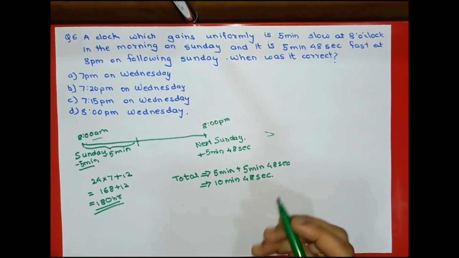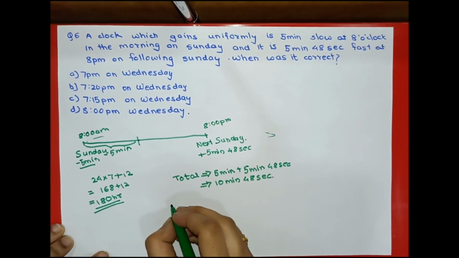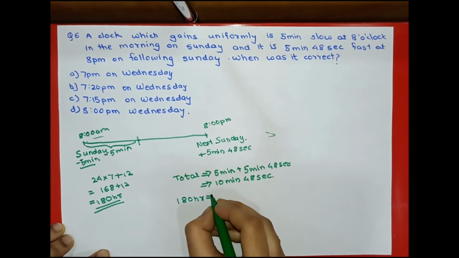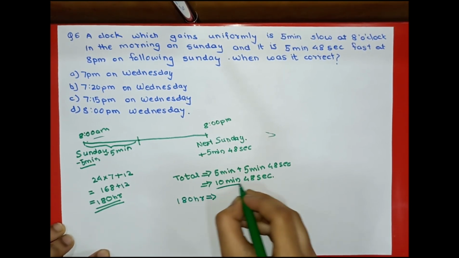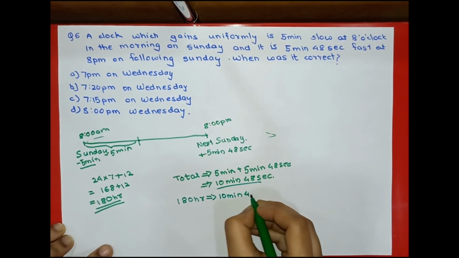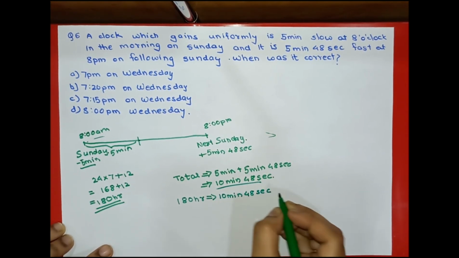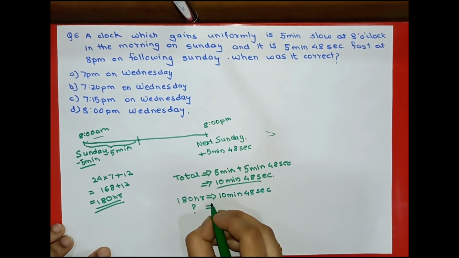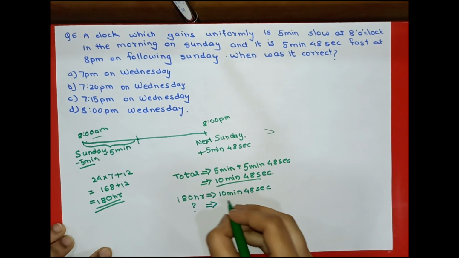So in 180 hours, the clock has gained a total of 10 minutes 48 seconds. How many hours does it need to gain 5 minutes?